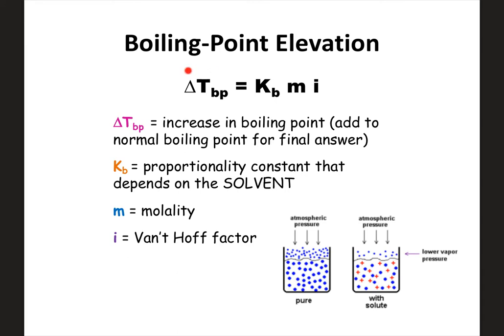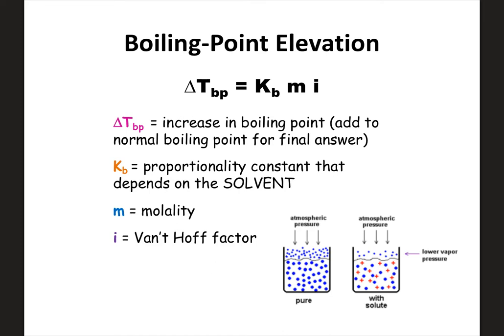We have the change in temperature for the boiling point will be equal to Kb times the molality times i. So this equation is not on your equation sheet, so I would give you this equation, but you need to know what the different letters mean and how to actually use it here. So the change in temperature boiling point, this is telling you the change in the boiling point, the actual increase in the boiling point.